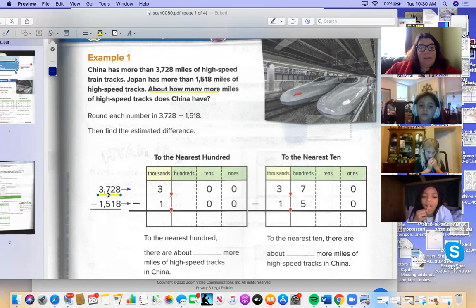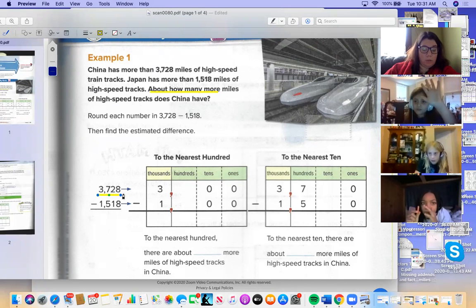But we have a 7 in the hundreds place and a 2 in the tens place. That 2 will tell us if we leave it alone, we stay on the floor we're on, or we round up. So what do we do for this? 3,728 would round to what? Athena?